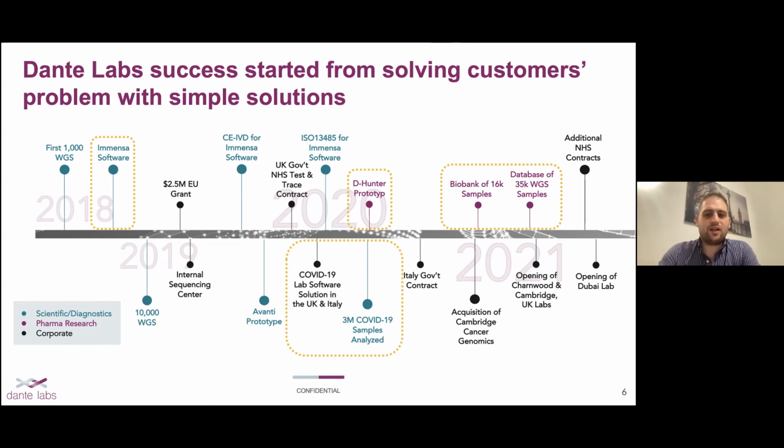I've put here some key milestones that have been critical to the success of Dante Labs. As I said, we started with the idea of solving customers' problems with simple solutions since day one. What we realized on day one was that customers couldn't access genomic data easily.